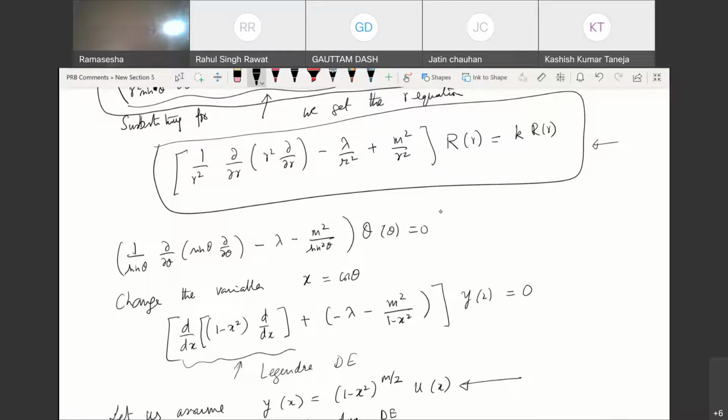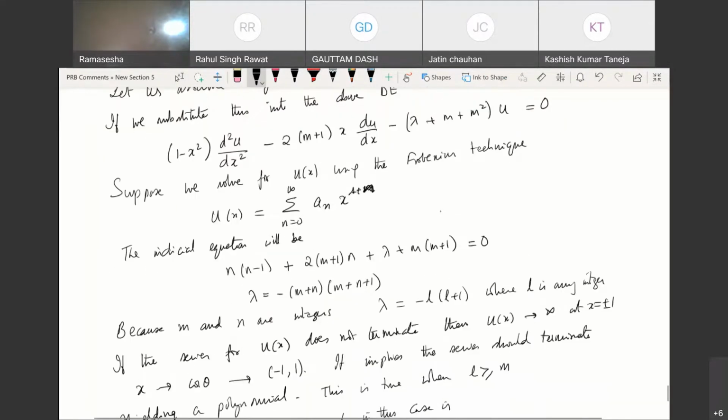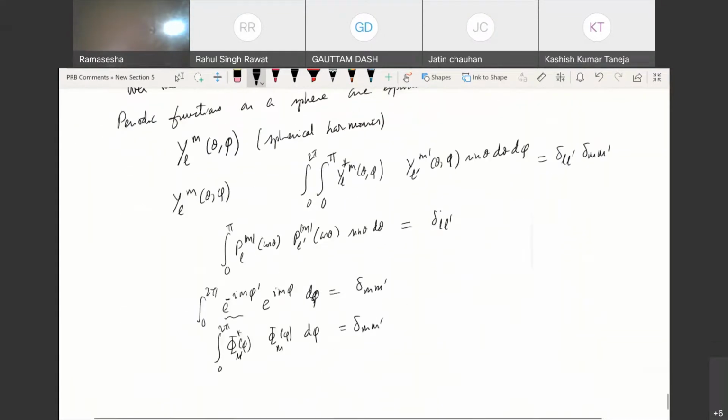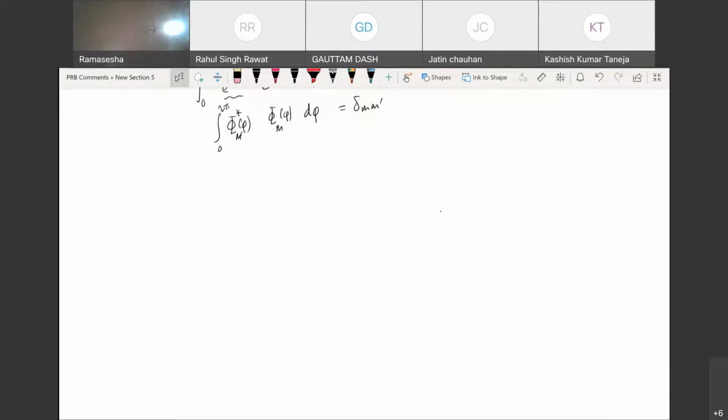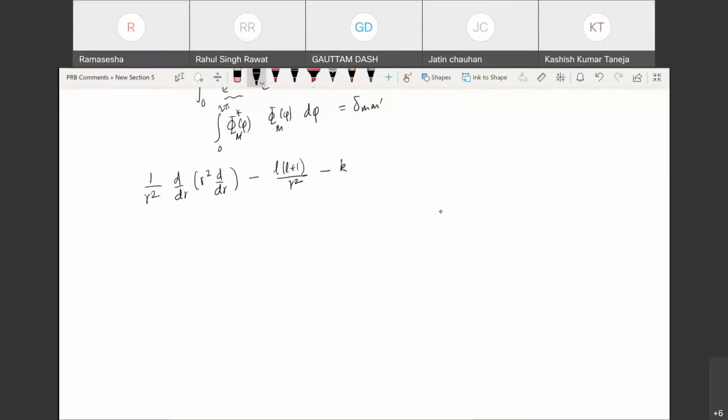So carefully, do the d by dr minus l minus k equal to 0.